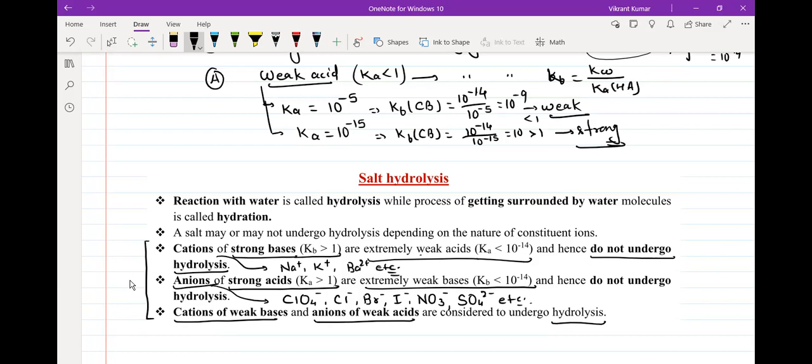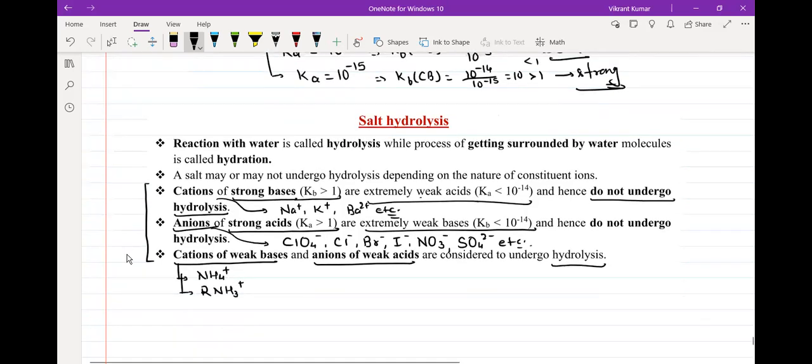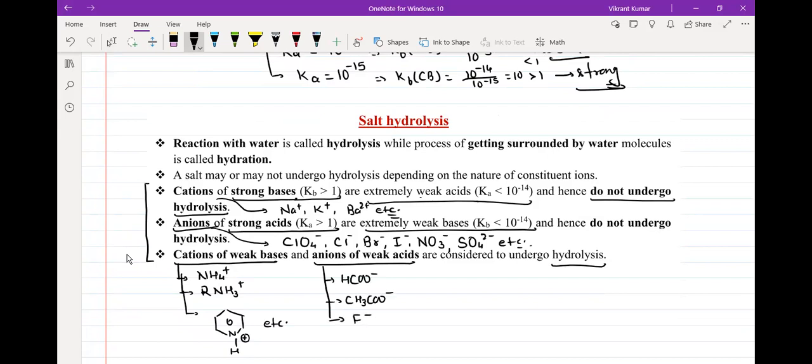And that's why a cation of a weak base, like if I say take any one, like NH4 plus, I can take RNH3 plus. These types of conjugate acids will be there; I can take the pyridinium cation. These are some of the cations coming from weak bases. Similarly, anions of weak acids. Weak acids are plentiful, and their anions are HCOO minus, CH3COO minus, F minus, because HF was a weak acid.